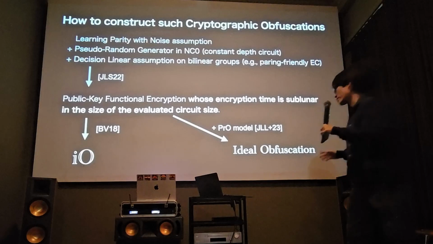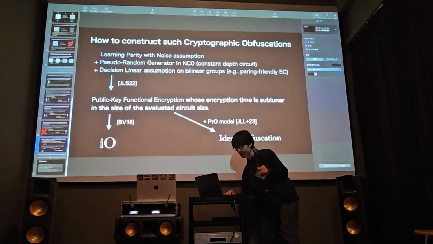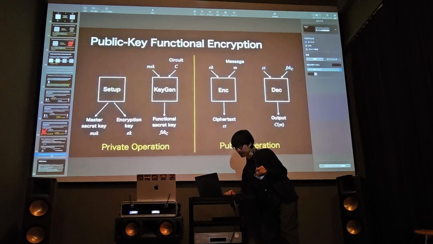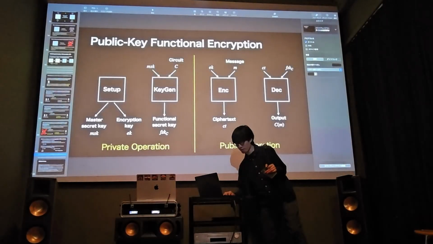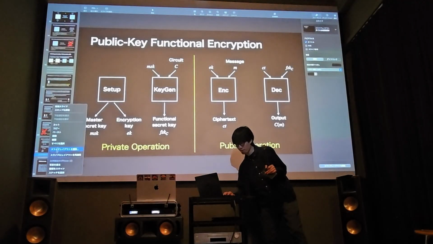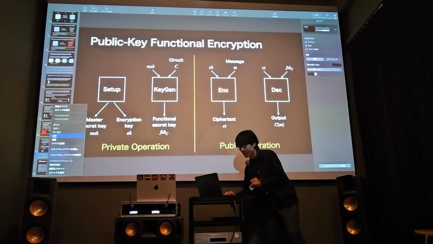So functional encryption is similar to private key encryption, but its decryption algorithm only outputs the function evaluation of the message in the ciphertext.